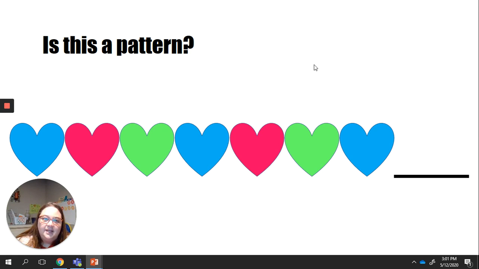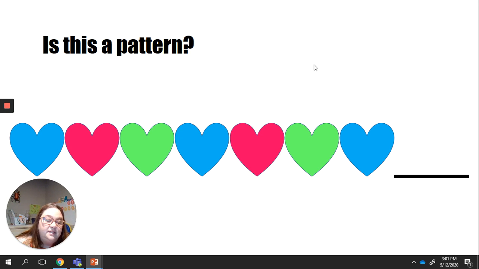All right, last one. Check this one out. Oh, this looks super tricky. Is this a pattern? Blue, pink, green. Blue, pink, green. Blue. What do you think? Is it a pattern? Yeah, hands up high. It's a pattern. Does it repeat?